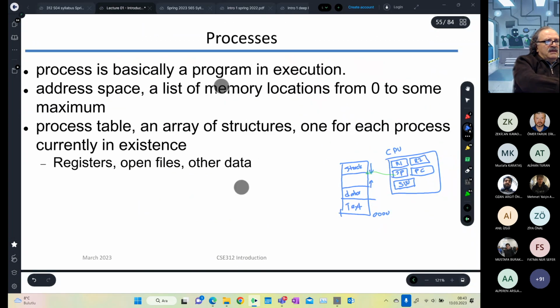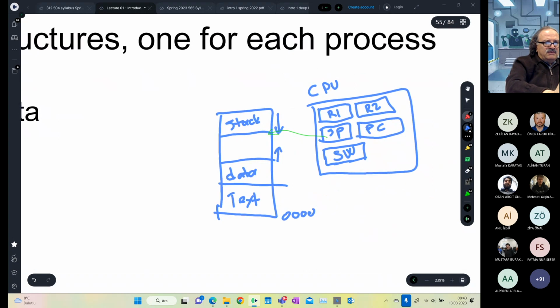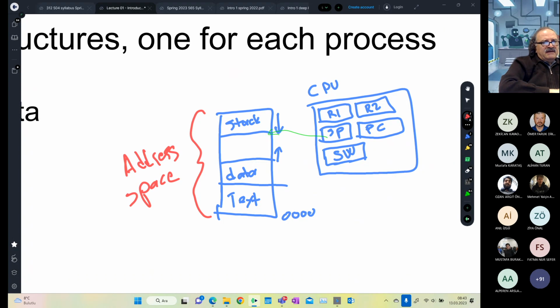So a process is basically a program in execution. And in this program in execution, I have my address space, which is this one. Most of the time, this is a logical address space.